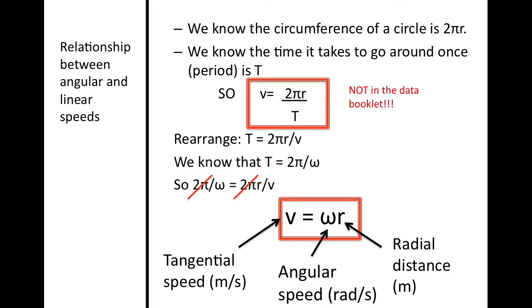When we rearrange for period, we get 2 pi r over speed. We know that T equals 2 pi divided by omega. When we set these two equal to each other, we cross out the 2 pi and we're left with the speed equaling the angular speed, which is omega, times r, which is the radial distance.